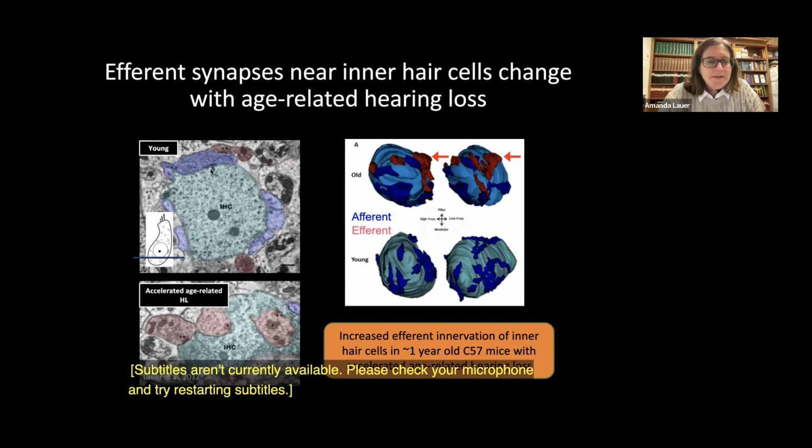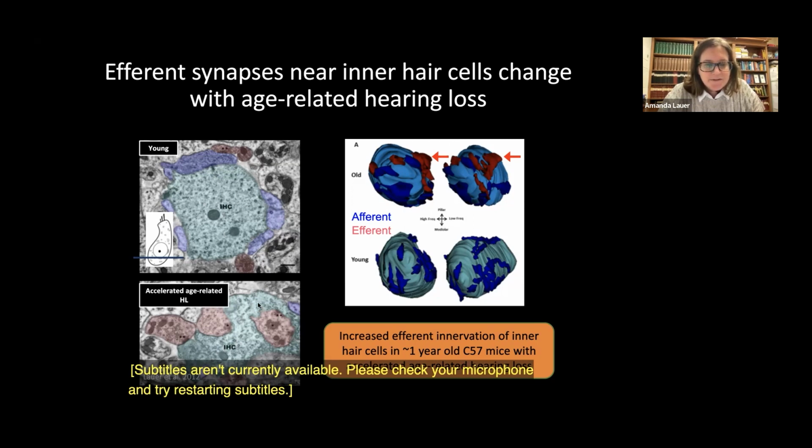So basically what you see here in the young animals, the situation is that you have a lot of afferent synapses. Here's a nice ribbon synapse with the inner hair cell, and you have these small lateral efferent synapses that are formed with those afferent synapses, but not with the inner hair cell itself. But in aged animals, here, you see a cross-section through an inner hair cell.